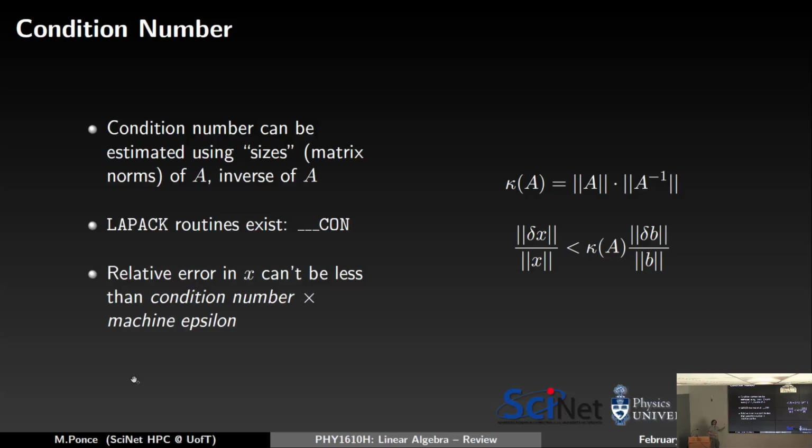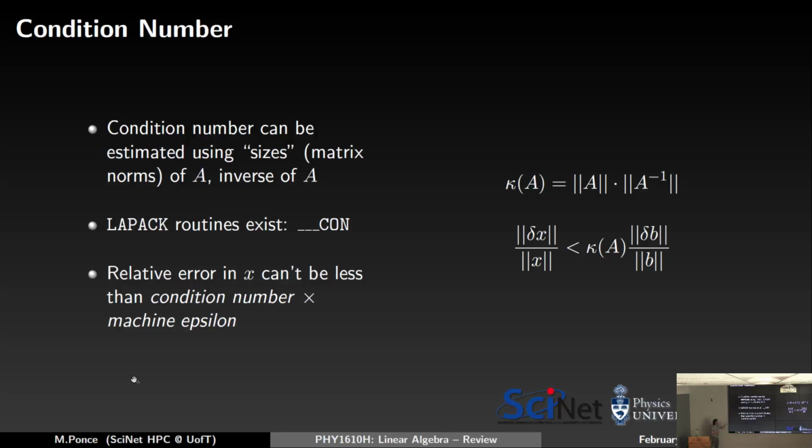Now the tricky part is that there is an inverse there, and I told you to try not to compute the inverse. So many of the libraries, like LAPACK, already have routines for computing this. So when you want to know the condition number of a system, don't compute it on your own. Look at the routines. In this case, I think it is gecon for that.